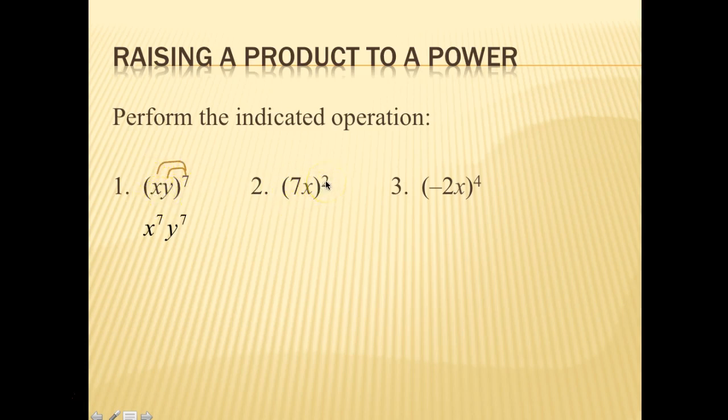So I distribute the exponent of 2 to the 7 and the exponent of 2 to the x. 7 squared, x squared, or just 49x squared. Same here. Distribute the exponent of 4 to the negative 2, the exponent of 4 to the x. I have negative 2 to the 4th, x to the 4th, which gives me 16x to the 4th.